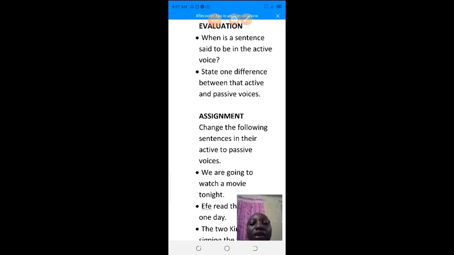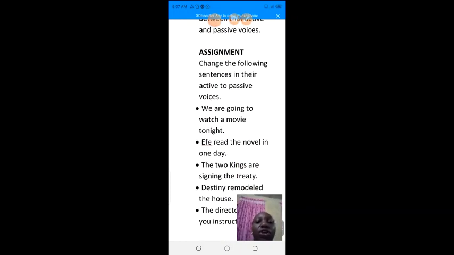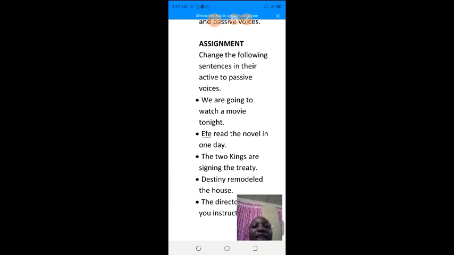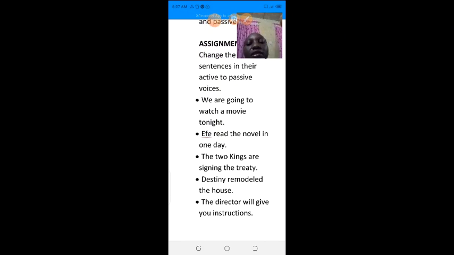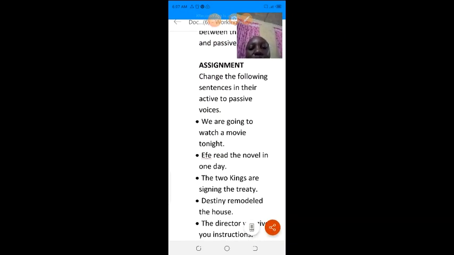Okay? All right, as an assignment, change the following sentences from active voice to passive voice. The first one is, "We are going to watch a movie tonight." It is in the active voice. "We" is the subject.